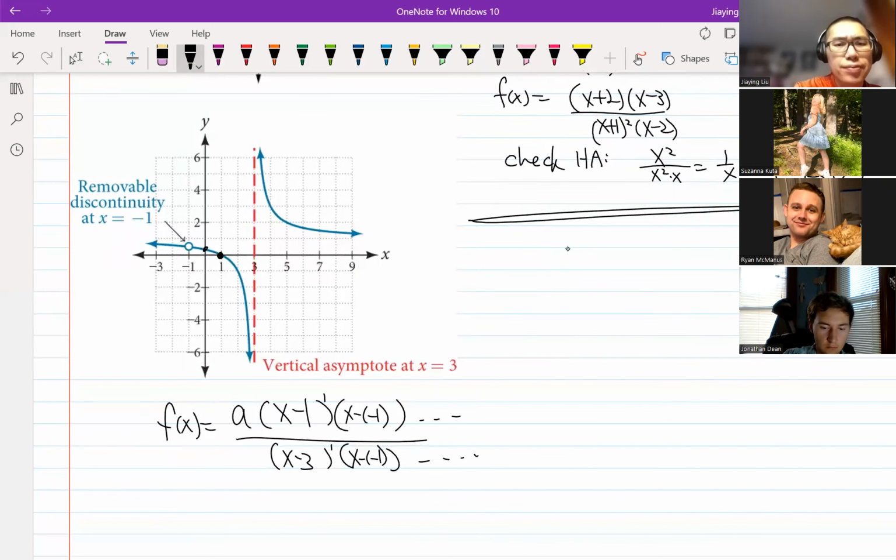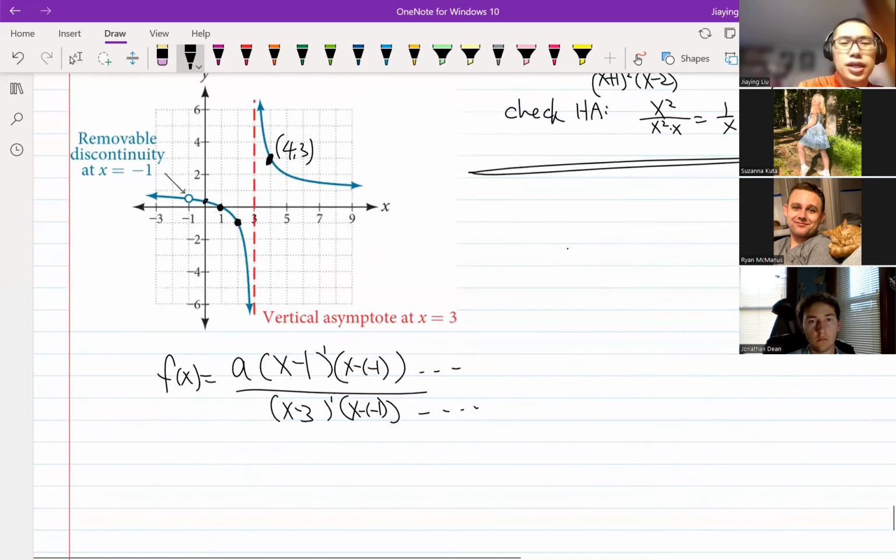Looks like that might be a good point to use, 4, 3. Or maybe 2, -1 is also a good point. So there's quite a few points that we can use, but I prefer to use the y-intercept. It looks like it's not very nice. You know what? Don't worry too much about it.